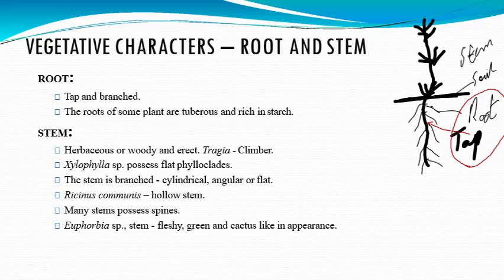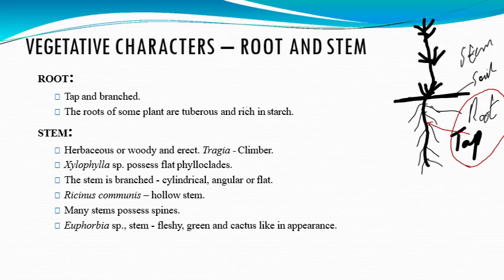The stem is branched, cylindrical, and in some species the stem is angular or flat. In the case of Ricinus communis, the stem itself is hollow, and some possess spines.